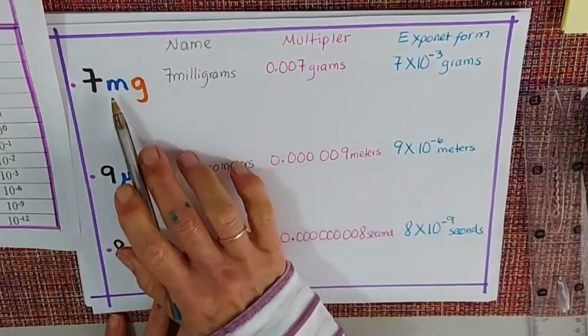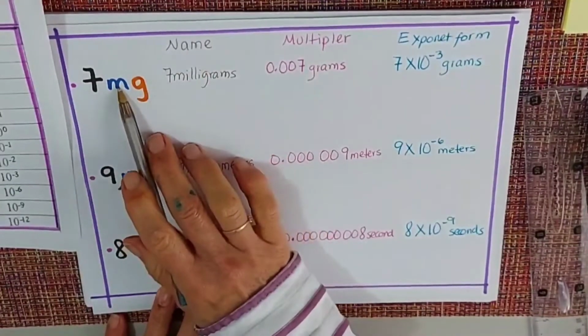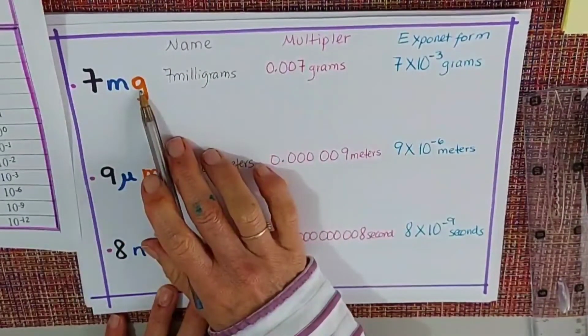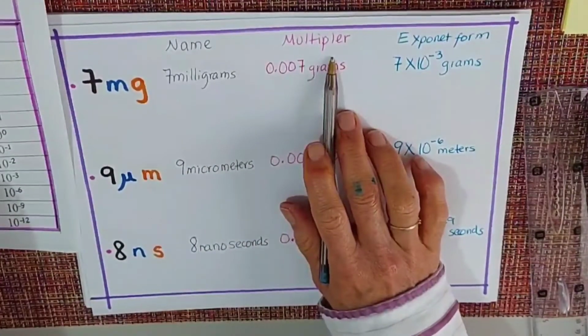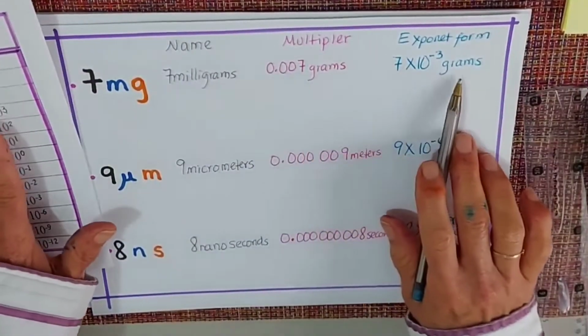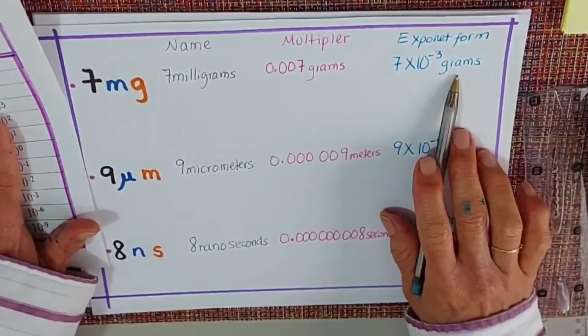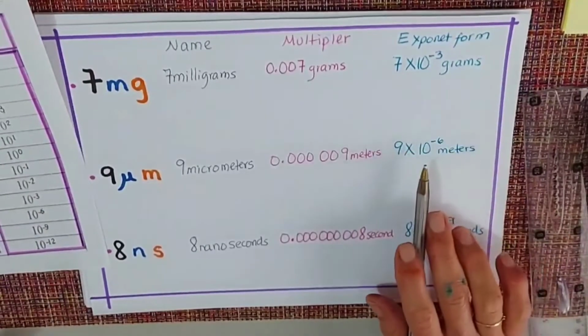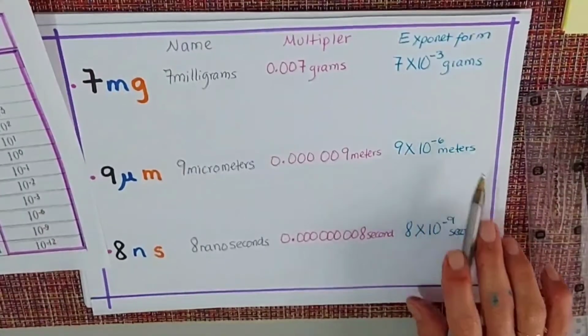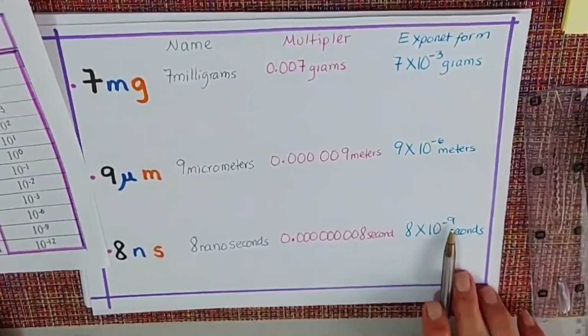Okay, now this letter is the name of the prefix, and this letter is the name of the unit. And the multiplier, you need to look for the multiplier in your prefixes chart, and also the exponent form. 10 to the minus 3 power is for milli, 10 to the minus 6 power is for micro, and 10 to the minus 9 power is for nano.